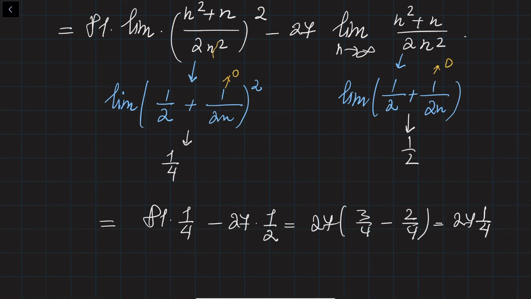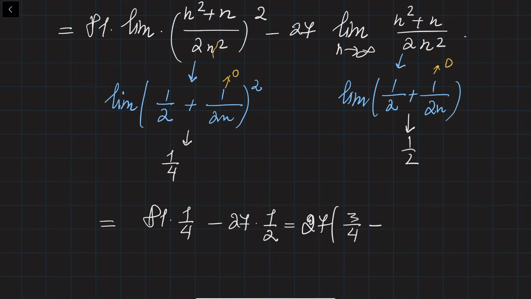We probably made a mistake somewhere. Oh yeah. Let me write this one more time. So if you take the 27 out of the brackets, what we have here is 3 over 4 minus 1 over 4, which is like 2 over 4.